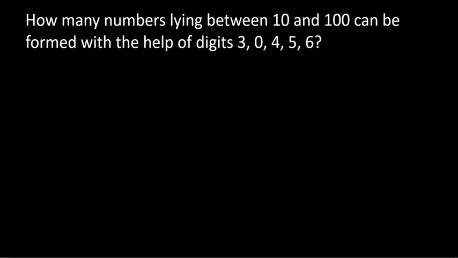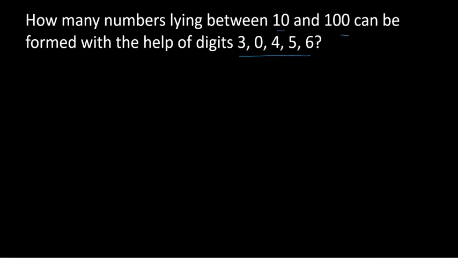Let us see the first problem. In this problem, in how many ways or how many numbers lying between 10 and 100 can be formed with the help of digits 3, 0, 4, 5, 6. So how many numbers lying between 10 and 100?